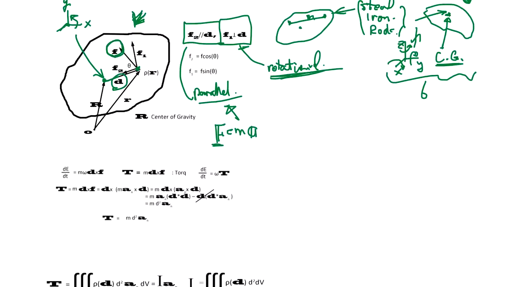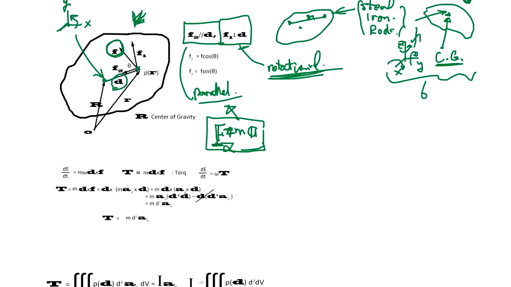And this component is applied to the center of gravity. So you take this component and apply it to this, then you will know the motion of the center of gravity. But rotational motion, how do we deal with it?